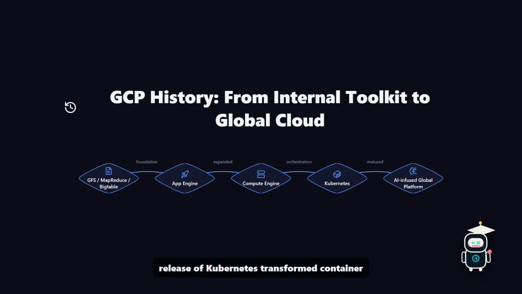The release of Kubernetes transformed container orchestration across the industry. Under new leadership, Google Cloud evolved into a profitable enterprise-grade platform. Today, it spans dozens of regions worldwide, delivering AI-powered services on the same global backbone that runs search and YouTube.